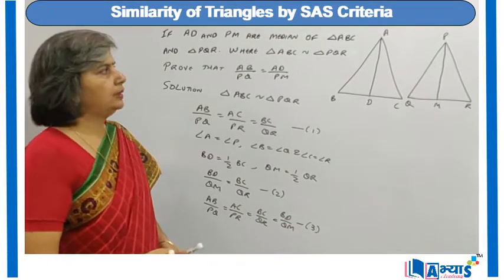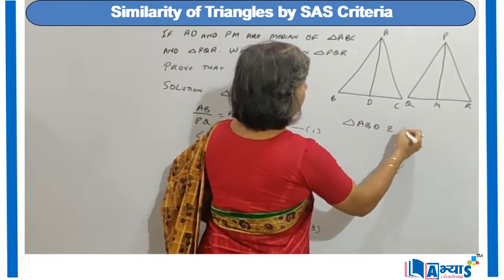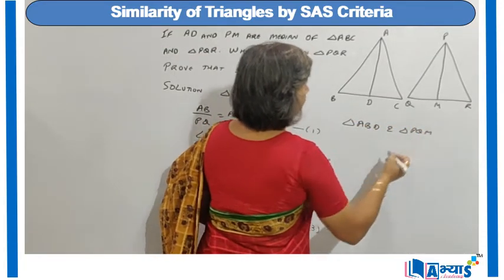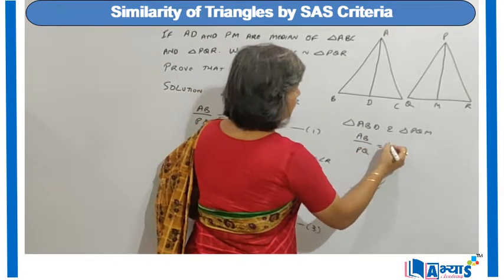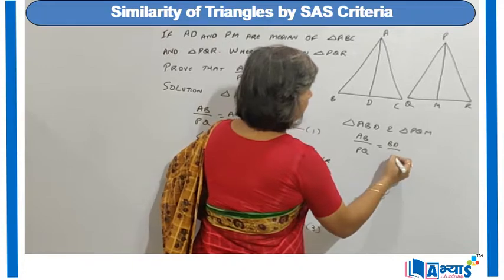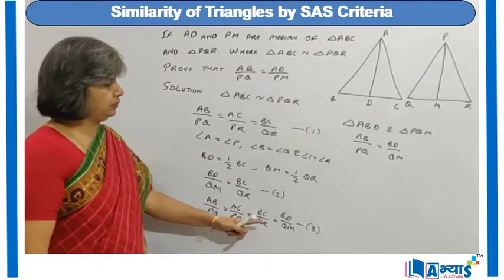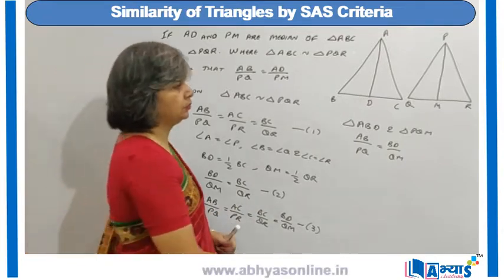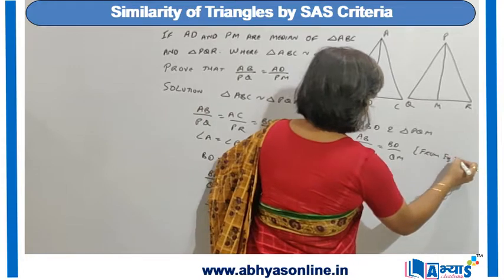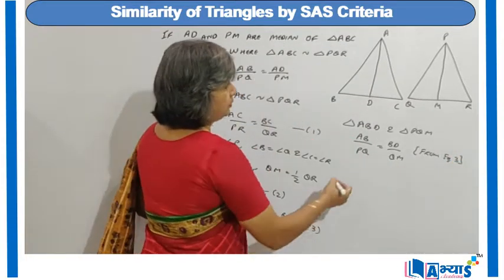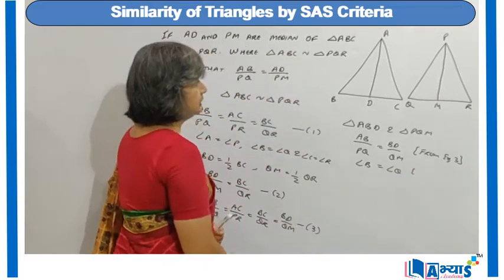Now in triangle ABD and triangle PQM, we know that AB upon PQ is equal to BD upon QM from equation 3. Also angle B is equal to angle Q, because the two triangles are similar.